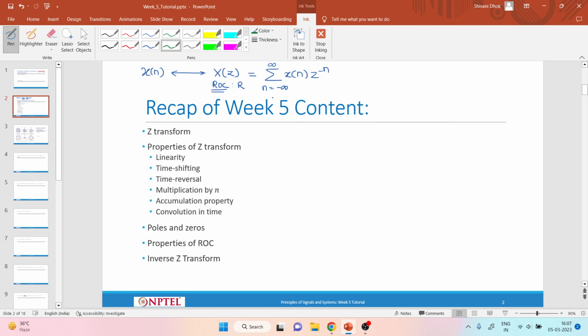Along with that, there are several properties of Z transform which are quite similar to that of Laplace transform. So the first property that we have is linearity property.